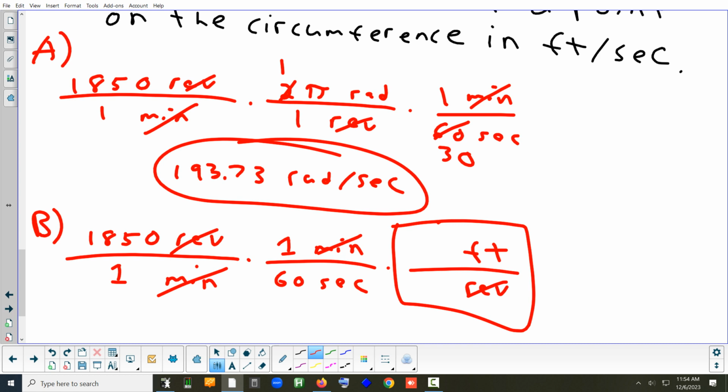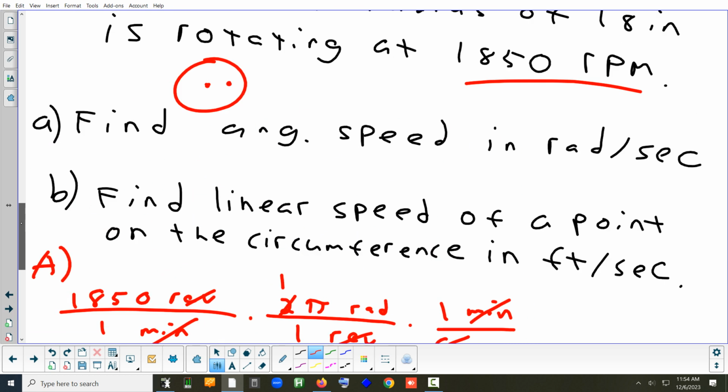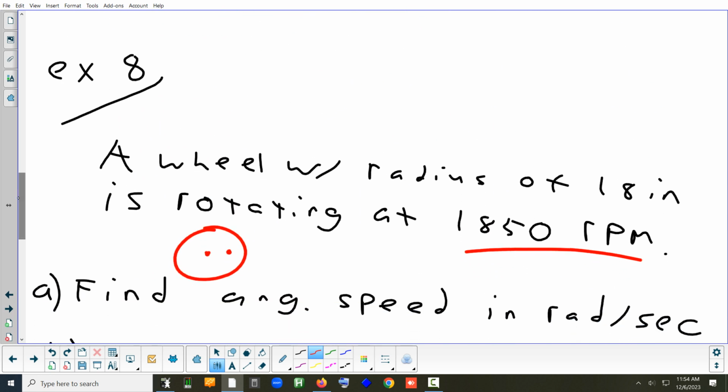Why is this conversion factor not a constant? Doesn't it depend on the radius? Right. How many feet in a revolution? Revolution of what? A revolution of this pen or a revolution of the earth? So the feet in a revolution is a conversion that you have to figure out every time. So what haven't we used yet in this problem that's going to help us figure out how many feet in a revolution?